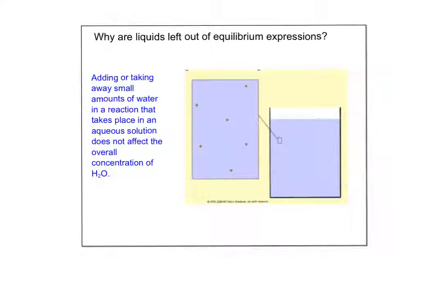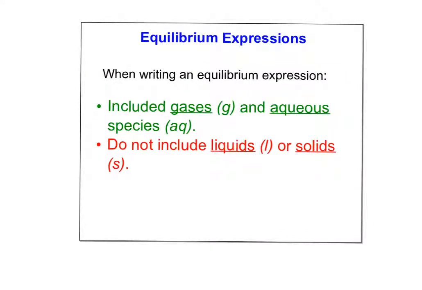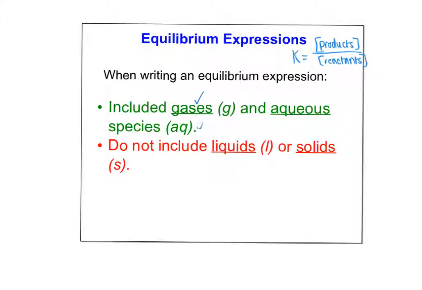It doesn't change it. So here are the big takeaways. The equilibrium expression is K equals the concentration of the products at equilibrium divided by the concentration of the reactants at equilibrium. When we write these K expressions, we include gases and aqueous species, but we do not include sly liquids or sneaky solids.